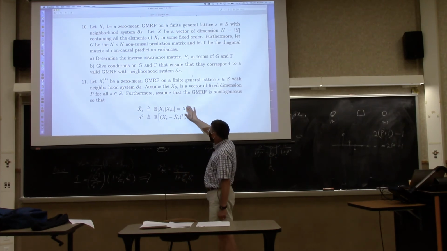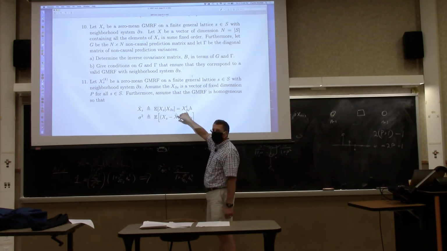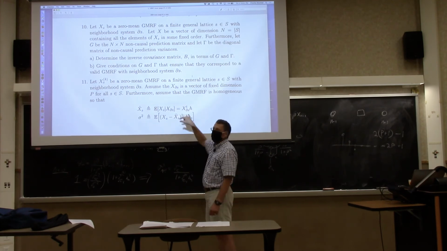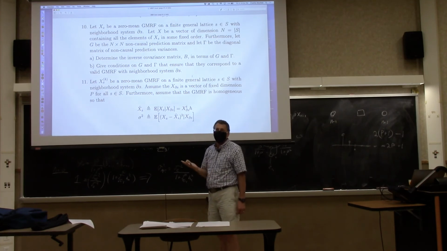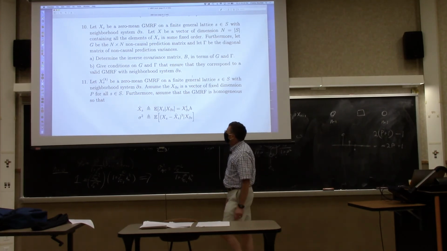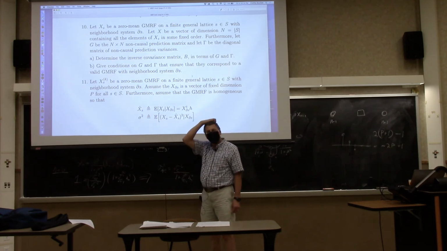And there's sort of a stationarity or homogeneity constraint, which is that the predictor is invariant to the pixel, the prediction coefficients. So this is like a linear predictor, but it could be applied on a general graph. It doesn't have to be like an image or a 1D case. And the prediction variance is also constant, okay?